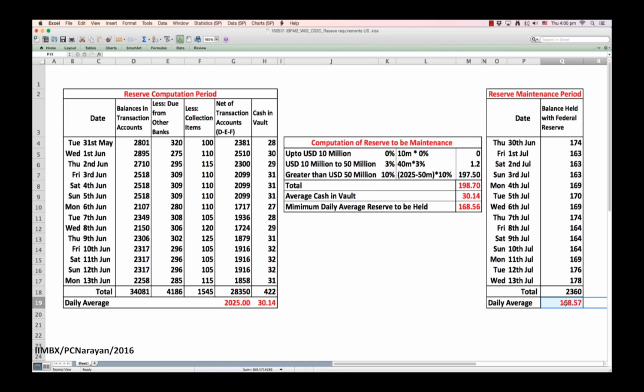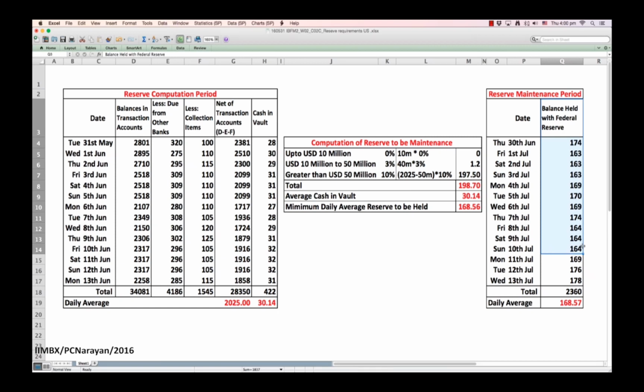There are a couple of points to note here. Early in this cycle, the reserves held are very low, and it shoots up significantly towards the end of the 14-day period. The reason for that is the Federal Reserve does not pay any interest to banks for the amount they hold as a reserve with the Federal Reserve.